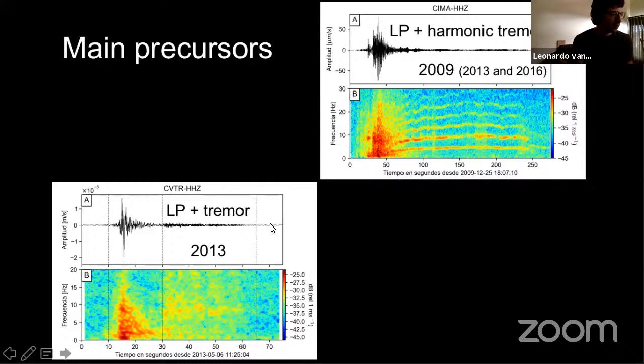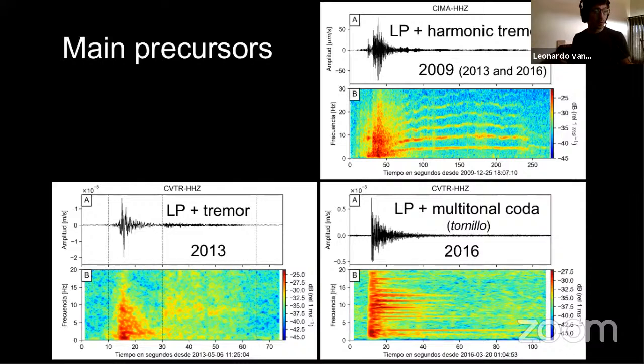In 2013, this event is similar. It has a long period event and also tremor, but in this case the tremor is not harmonic, it's a broadband spectrum with high frequencies. And we think that maybe there is a relationship between these two types of events, and I'm going to discuss it further later.